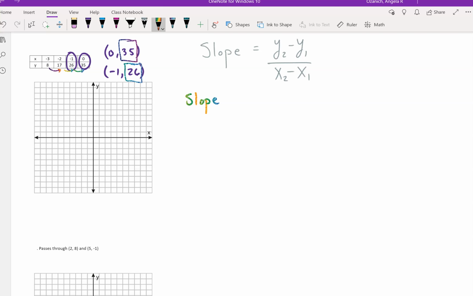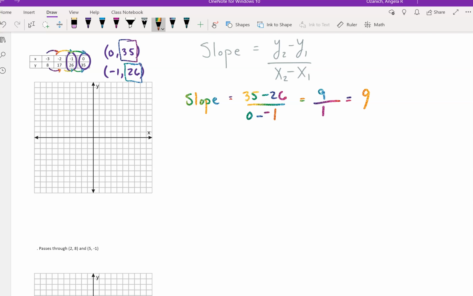So I'm probably looking at a numerator of 9, and then the denominator, let's see what's happening with it. It's going up by 1, up by 1, up by 1. So since I did 35 minus 26, I want to do 0 minus a negative 1, which is going to be a positive 1. So my slope of this line is 9.